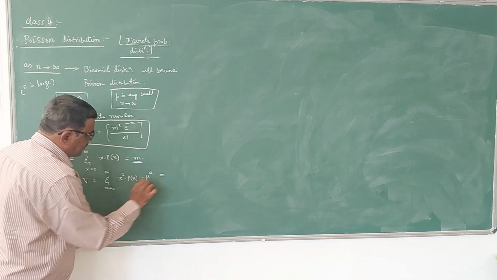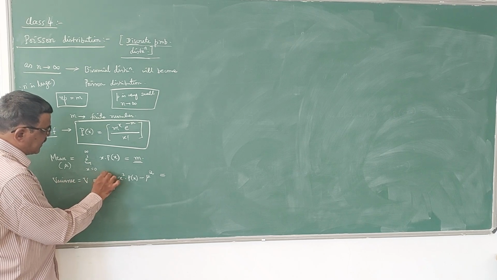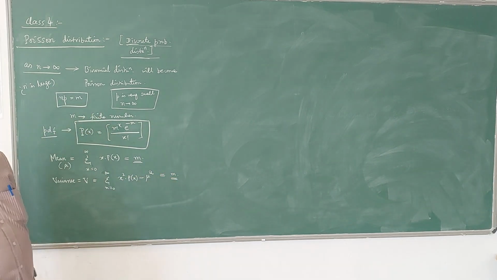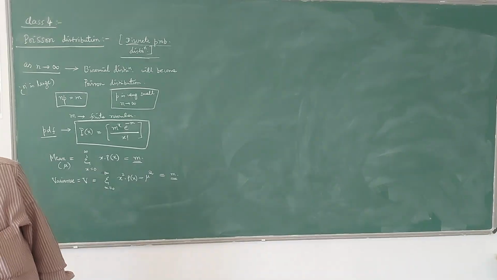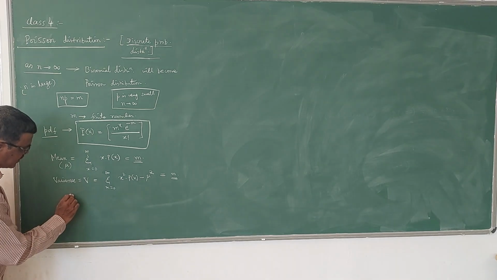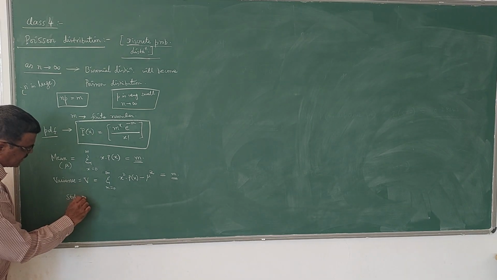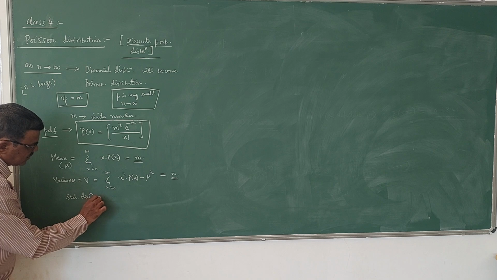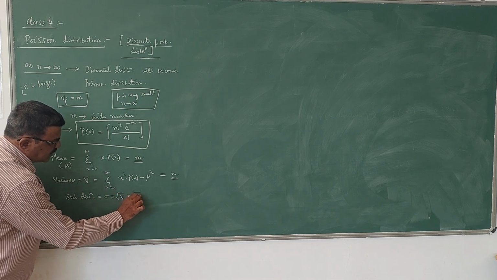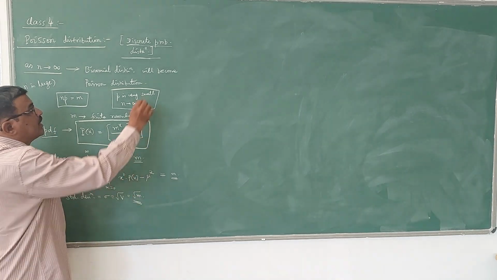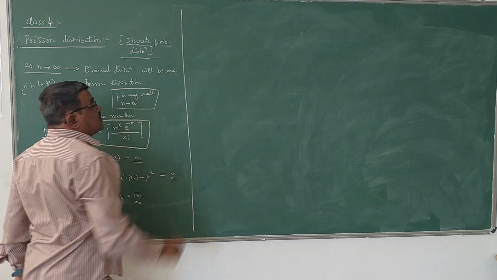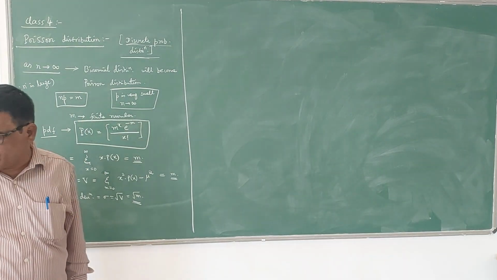If you simplify this, you will get this also equal to m, that is n into p. Now the standard deviation is the square root of the variance, sigma is root of v, which is root of m. So these are the characteristics of the Poisson distribution. It is an extension of the binomial distribution.